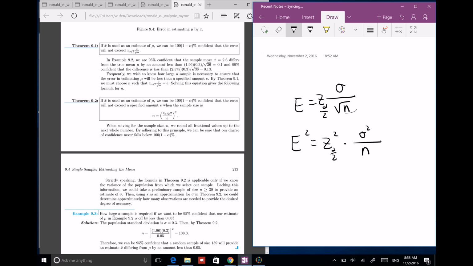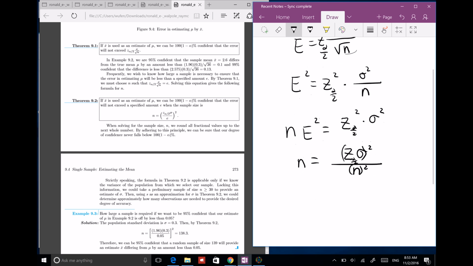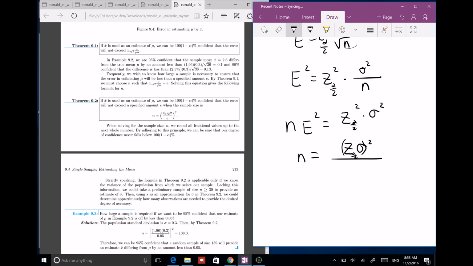Multiply both sides by n, so n E squared equals z alpha over 2 squared times sigma squared. And then you get n equals z alpha over 2 times sigma over E, all squared. E is the estimated error. That's why you have this formula for 9.2.